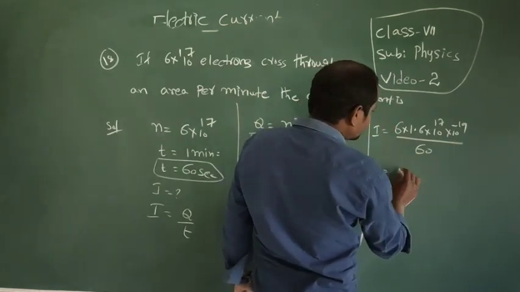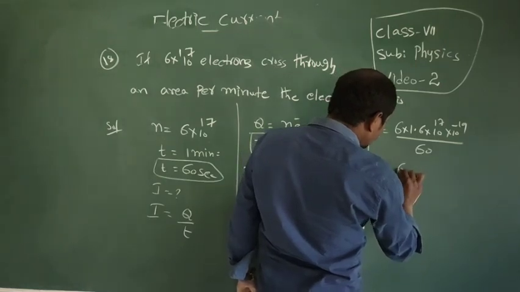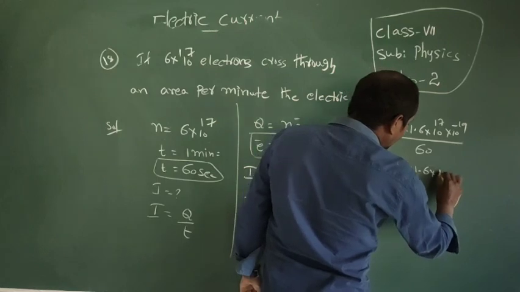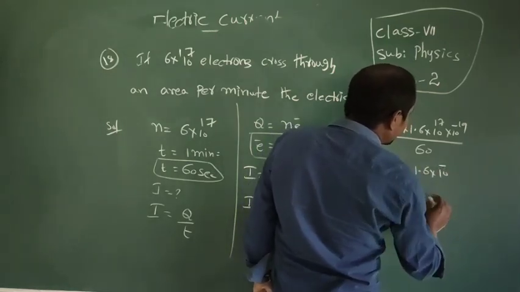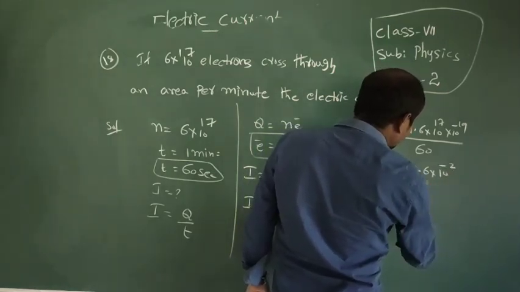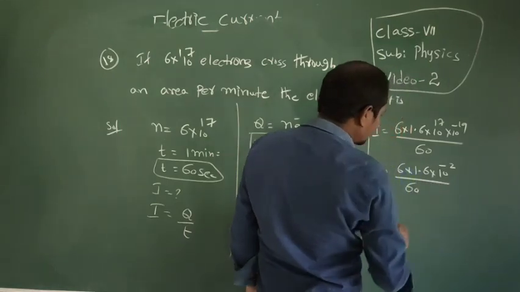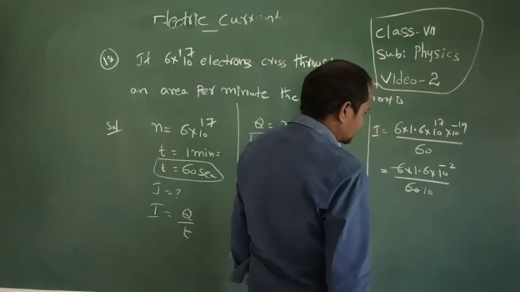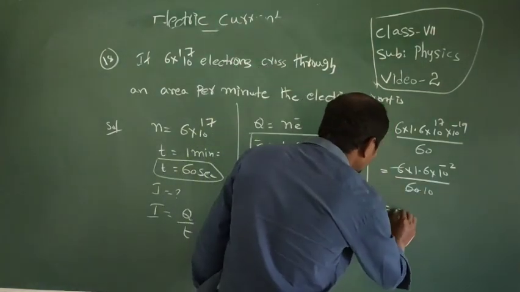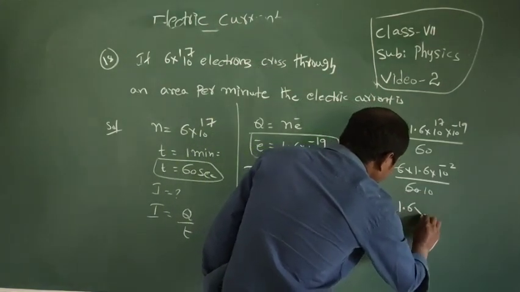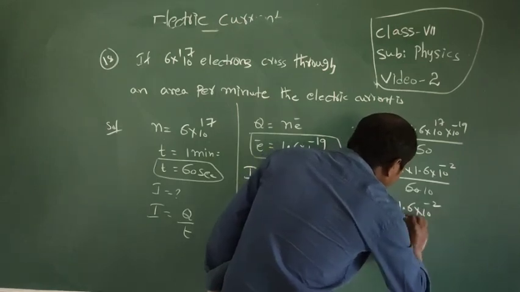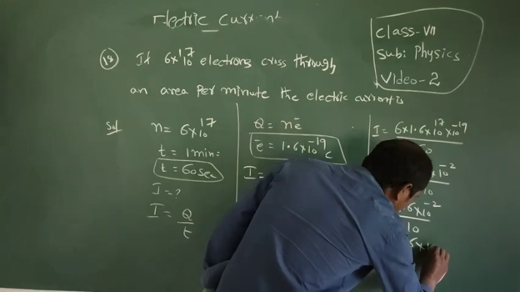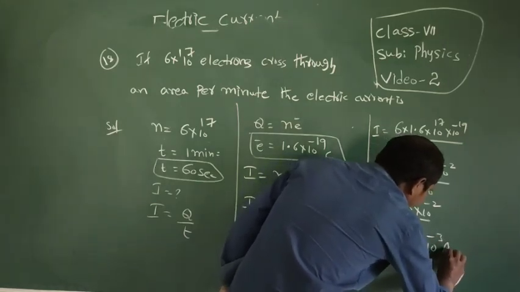That equals 6 into 1.6 into 10 power minus 2 by 60. Here 6 ones, 6 tens, that equals 1.6 into 10 power minus 2 by 10. We can write here 1.6 into 10 power minus 3 amperes.